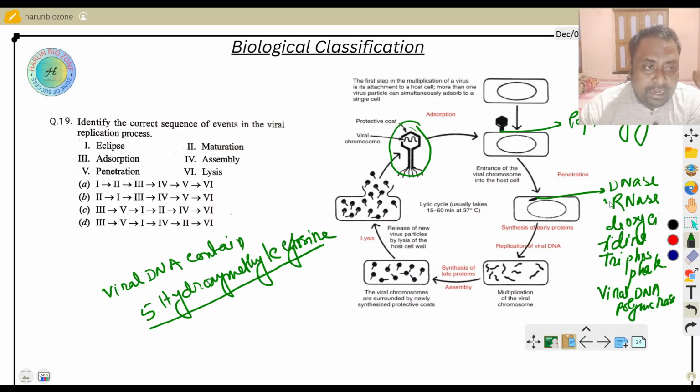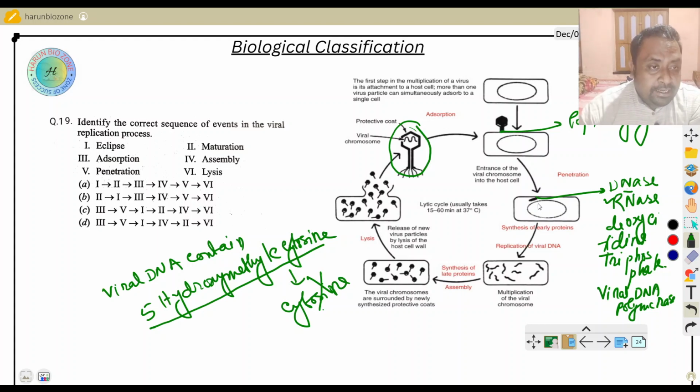Then RNase breaks the bacterial RNA. Then deoxycytidine triphosphate prevents the conversion of 5-hydroxymethyl cytosine into cytosine, because when 5-hydroxymethyl cytosine is converted into cytosine, the DNase recognizes the viral DNA and breaks it down.